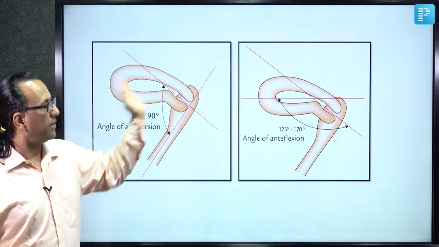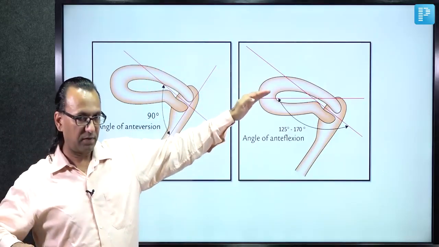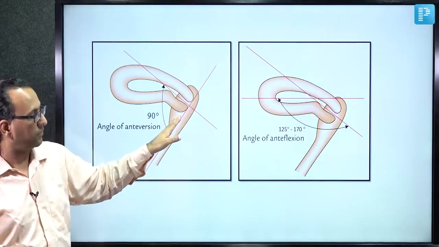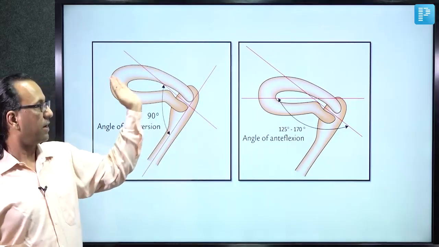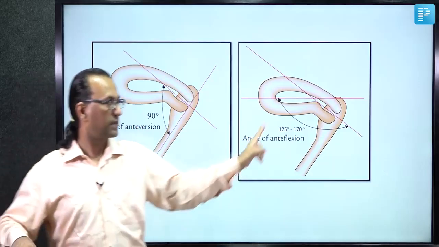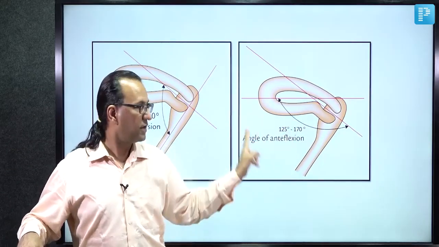In some cases, there can be retroverted uterus, and if it is so, then that will be increasing the chances of prolapse of uterus. The uterus should be kept in angle of anteversion as well as anteflexion, sitting on the fundus of the urinary bladder anteriorly.